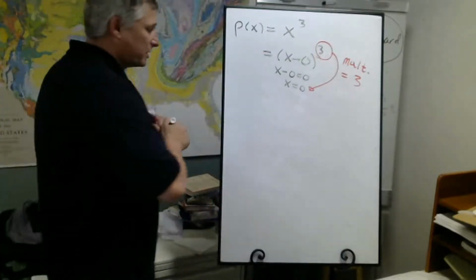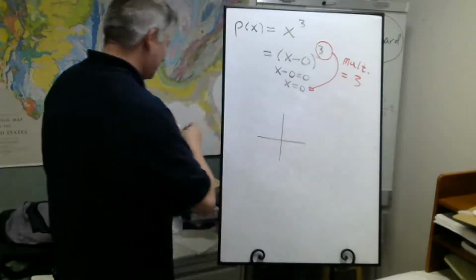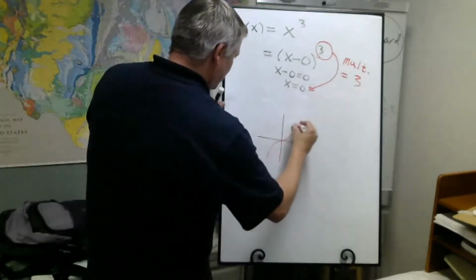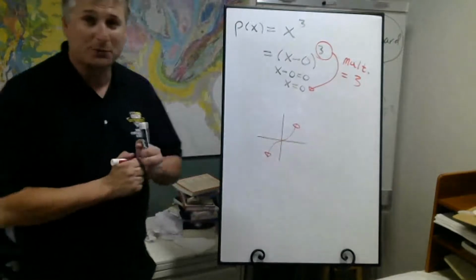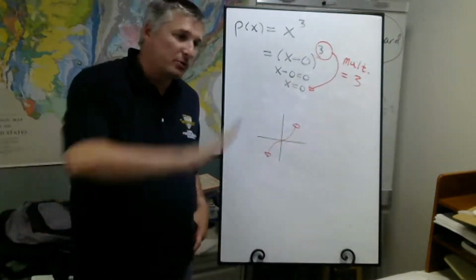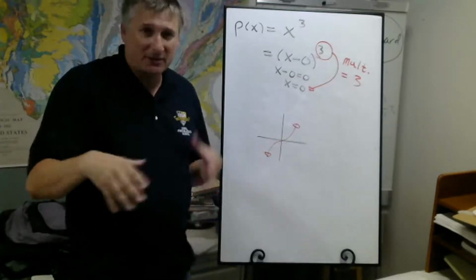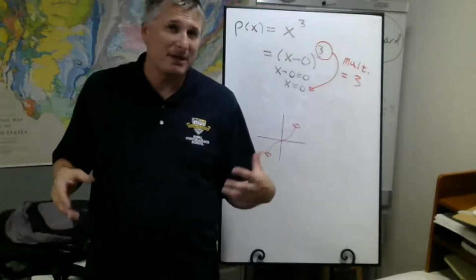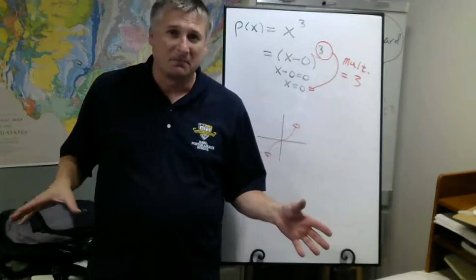And sure enough, if you recall what the x cubed function looks like, it goes right through that x-axis at x equals 0. So again, an odd multiplicity function will go right through the x-axis at the x-intercept if that x-intercept has an odd multiplicity. If the x-intercept has an even multiplicity, it's just going to bounce off.